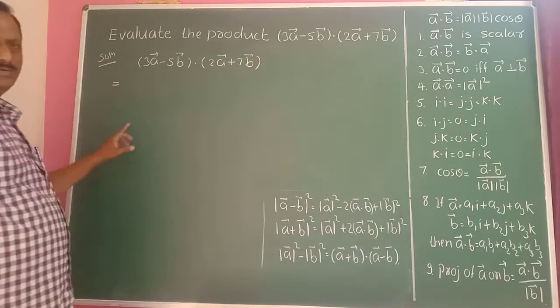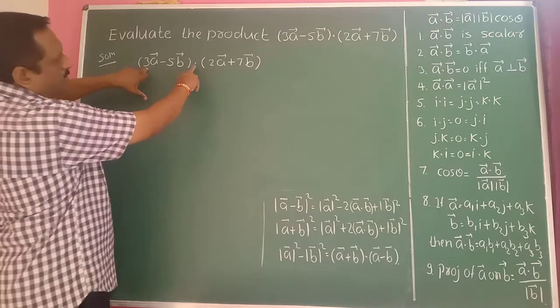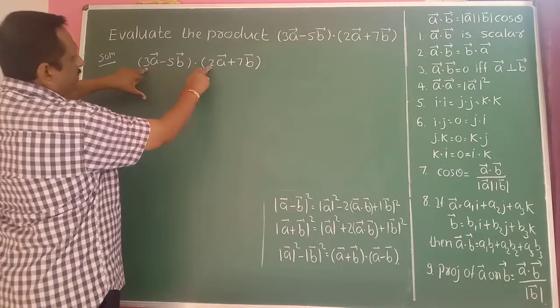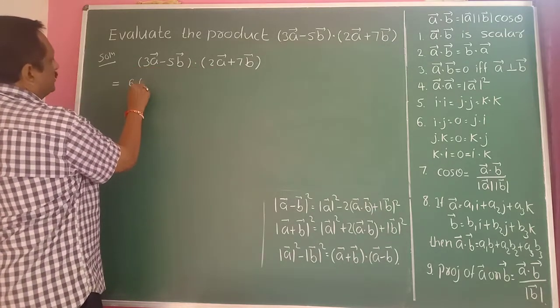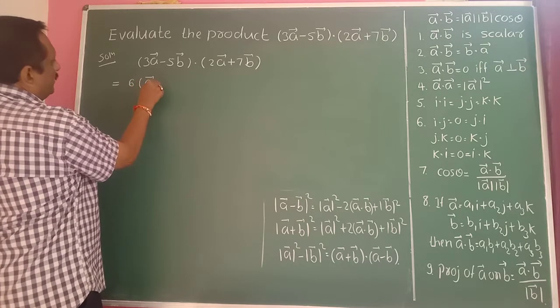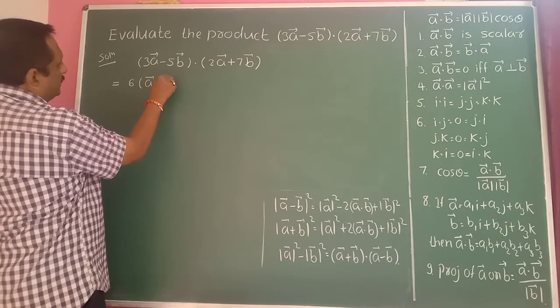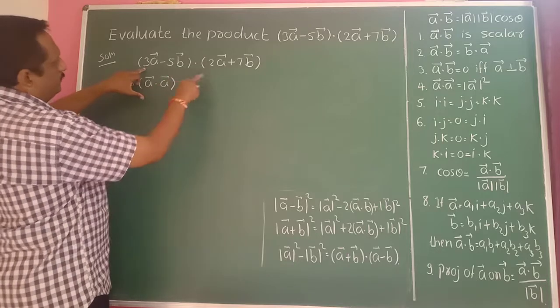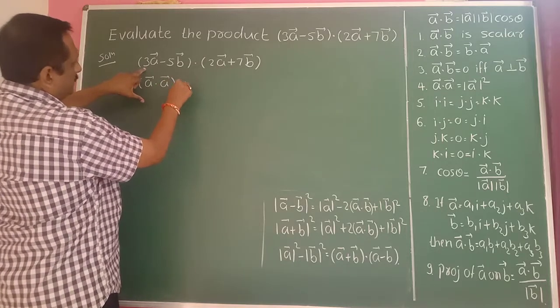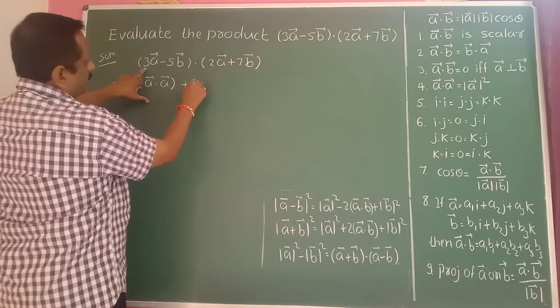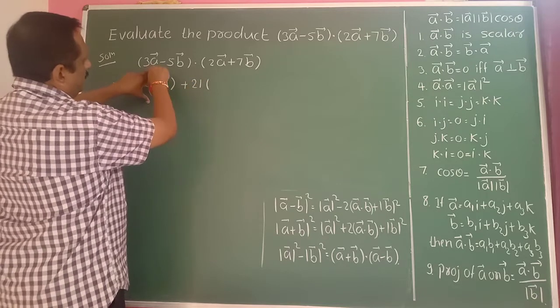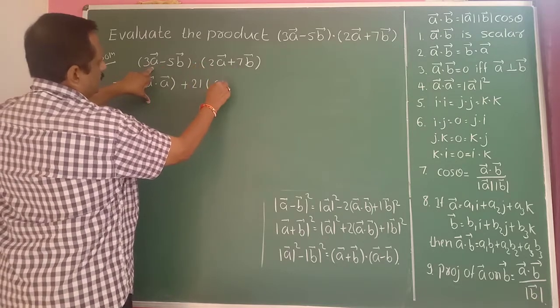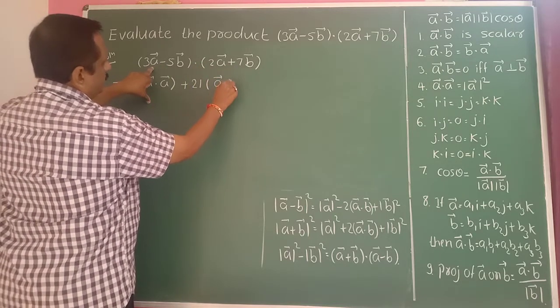Then this is equal to 3 A bar dot 2 A bar. 3 2s are 6, so 6 into A bar dot A bar. Then plus 3 sevens are 21, A bar dot B bar.